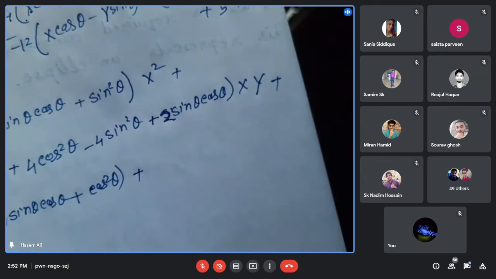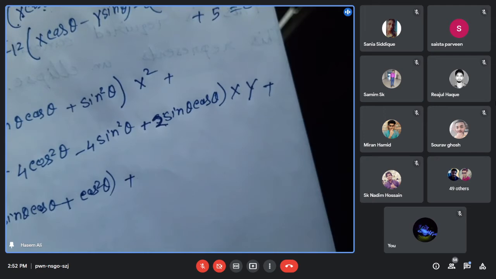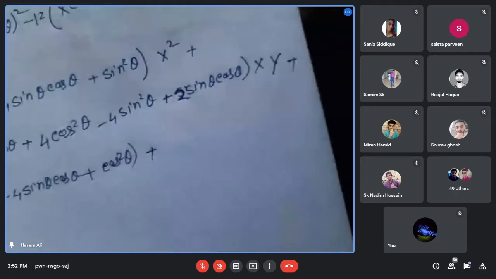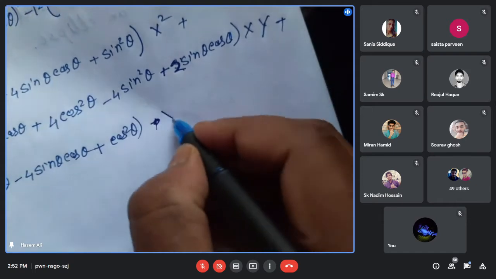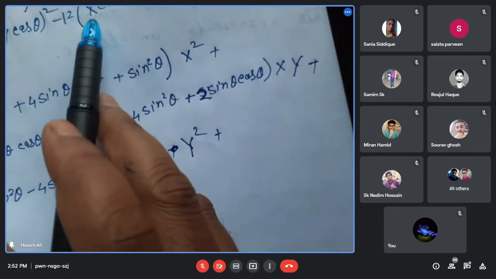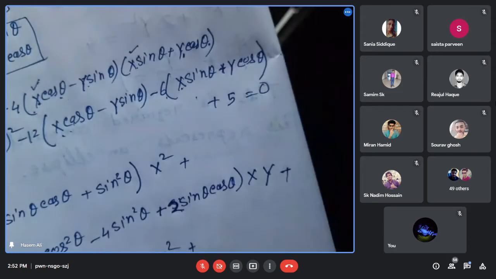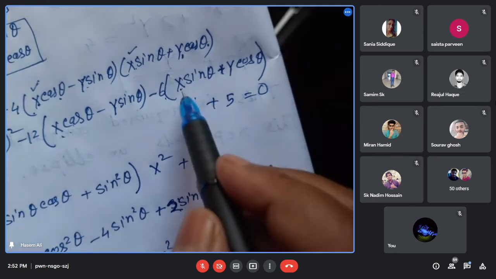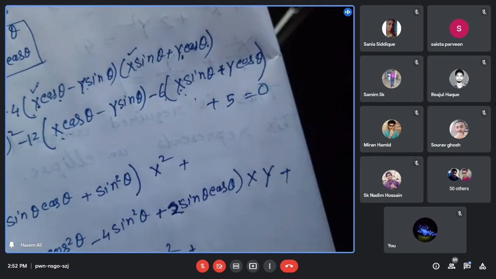Okay. Now coefficient of x. In the previous problem, there are no x and y terms because we shifted the origin to the center. But in this case, x and y terms will appear. Coefficient of x from these two terms: minus 12 cos theta and minus 6 sin theta into x.